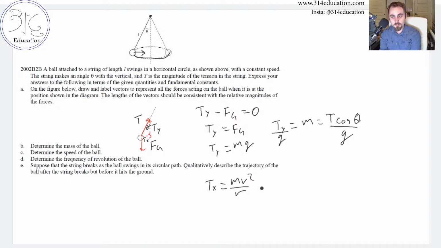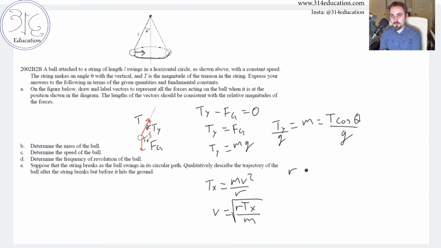So we divide by m, multiply by r, and take the square root, giving us, let's see, our Tx multiplied by r, divided by m, and then the square root. That being said, we have to plug in our values. All of these values actually need to be replaced with values up here.